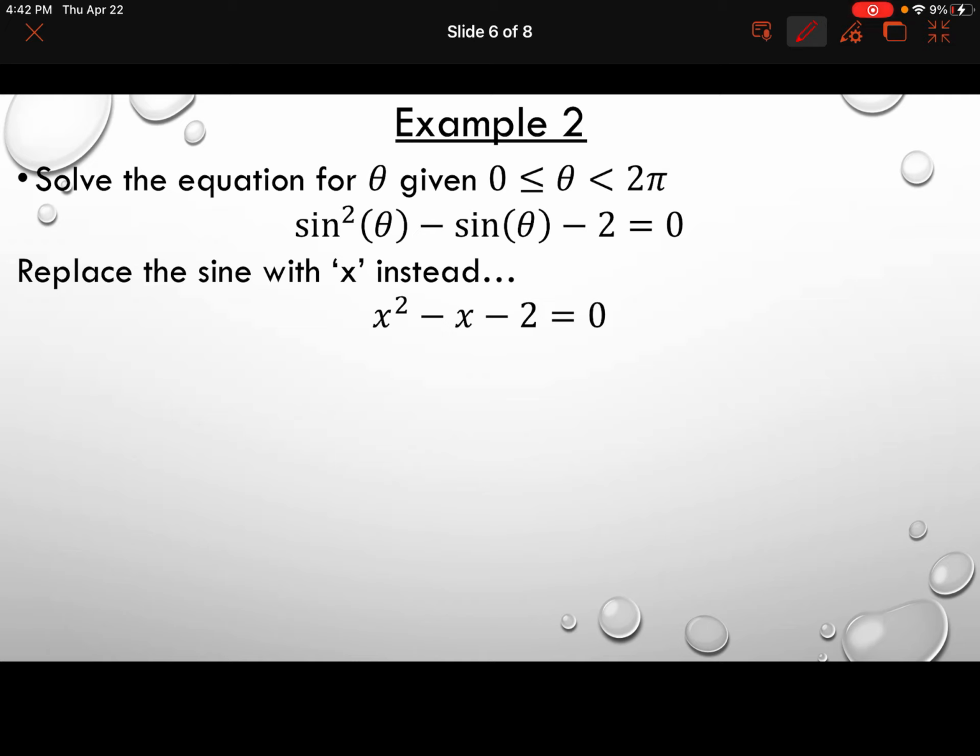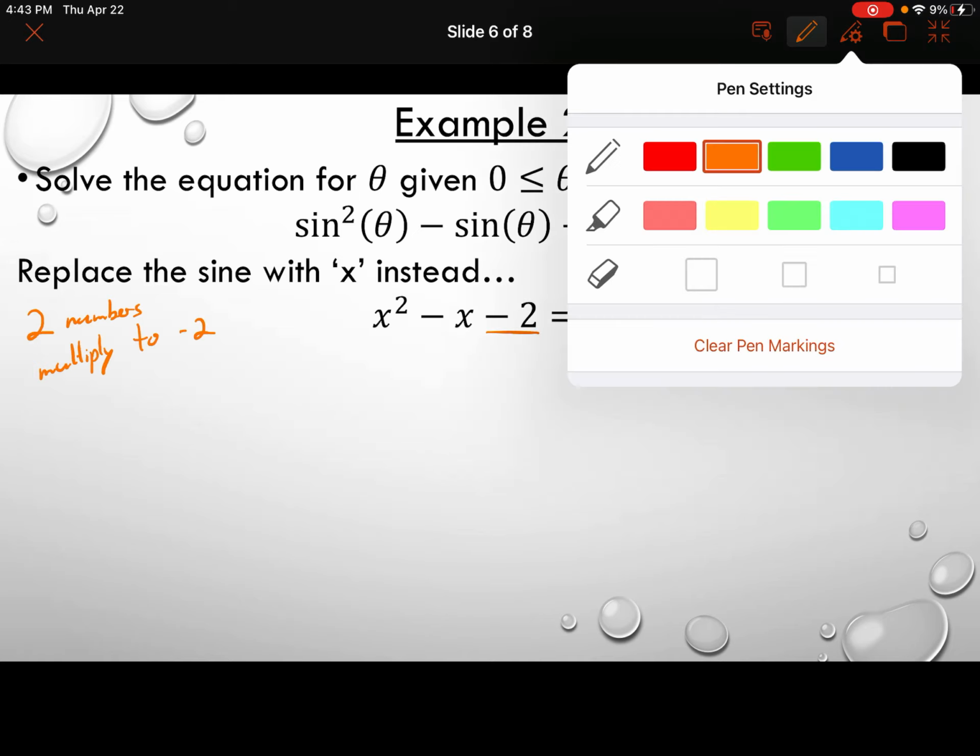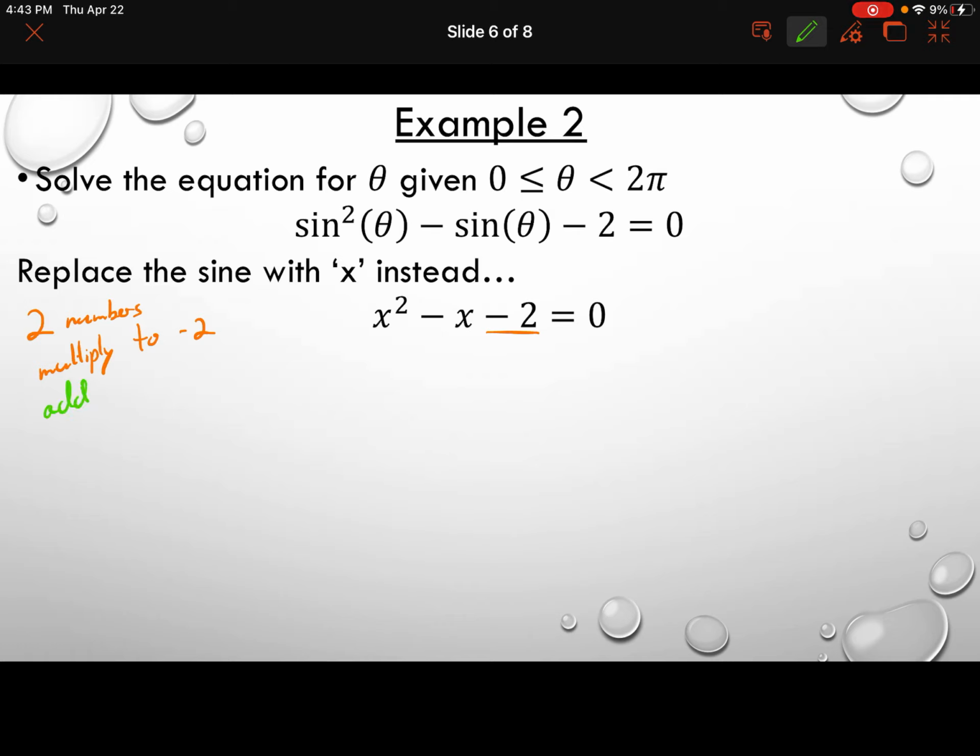This can be a helpful strategy, because now it looks way more like the example we just did. Once again, we're looking for two numbers that multiply to the constant, which in this case is negative 2, and add to the middle coefficient, which in this case is negative 1, because there is a 1 in front of that x.